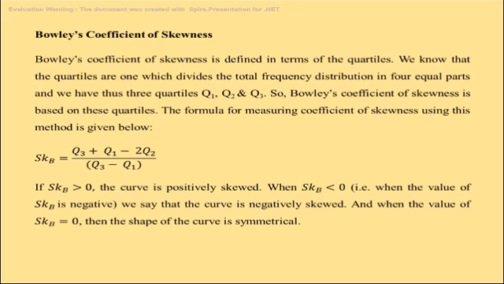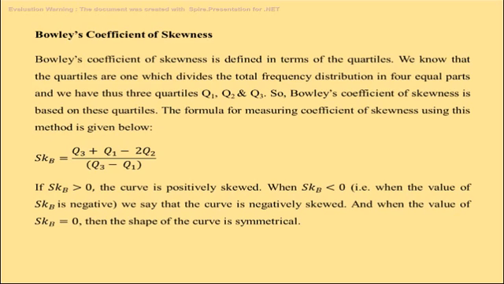So Bowley's coefficient of skewness is based on these quartiles. The formula is third quartile plus first quartile minus 2 into second quartile, divided by third quartile minus first quartile, where Q3 is the upper quartile, Q2 is the median and Q1 is the lower quartile.